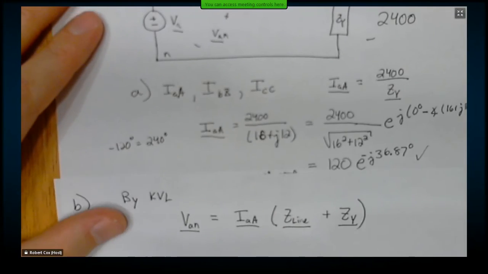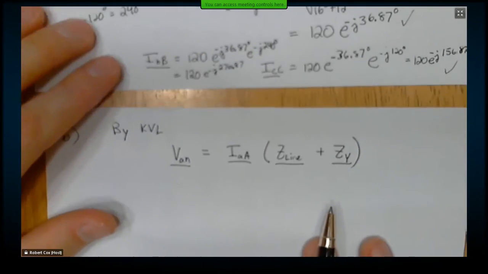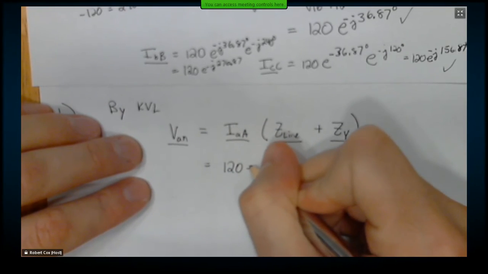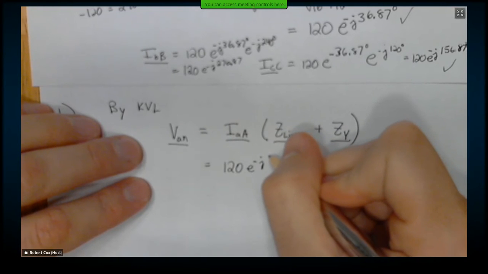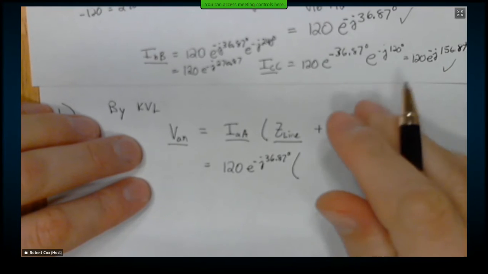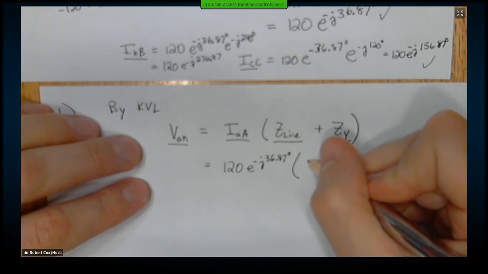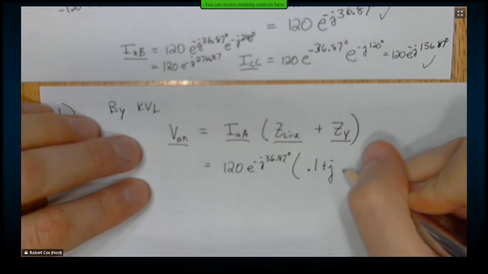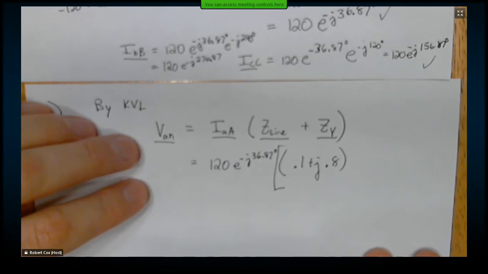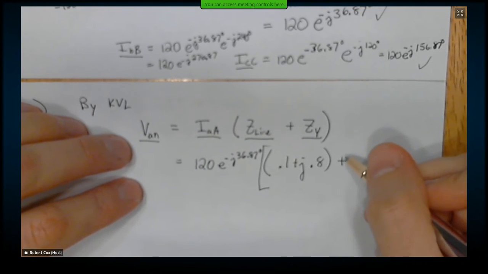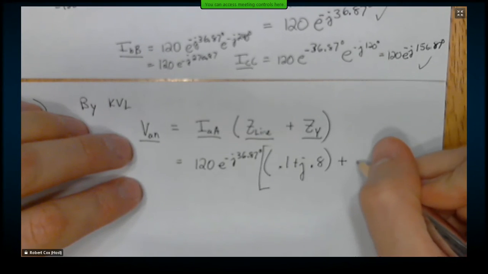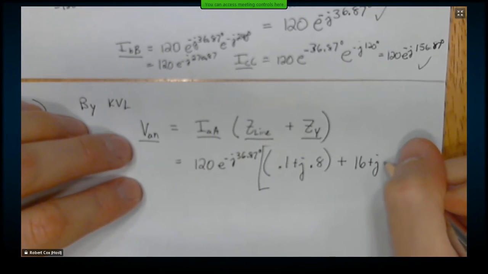So what do I know about those? I know IAA is 120 e to the minus j 36.87 degrees. What was I told about Z line? Z line was 0.1 plus j 0.8. And ZY was 16 plus j 12.